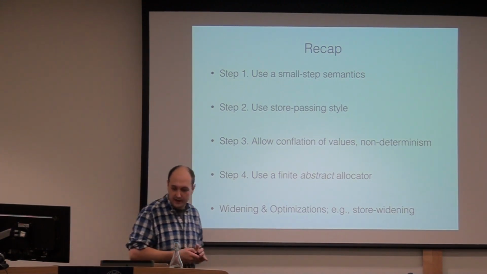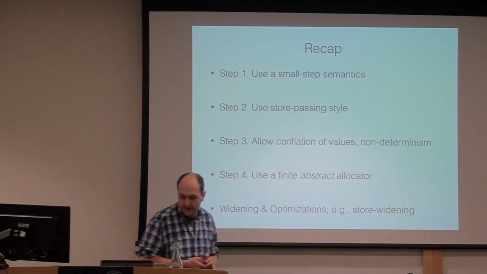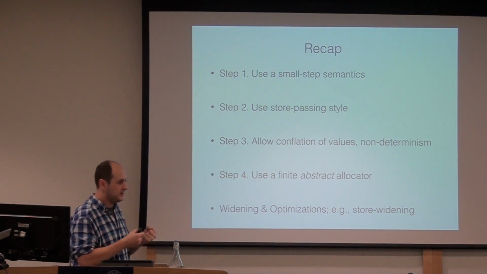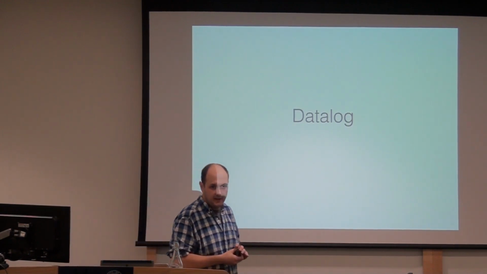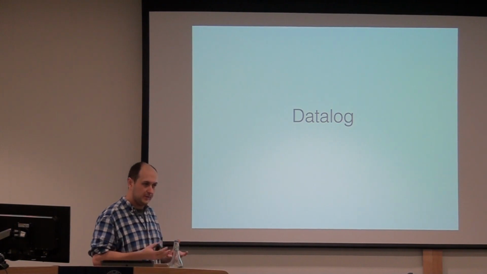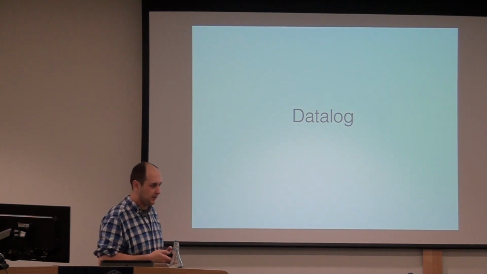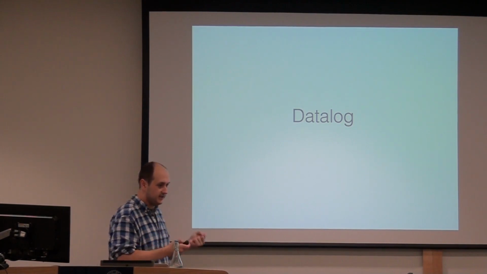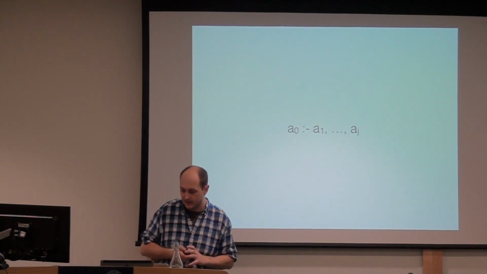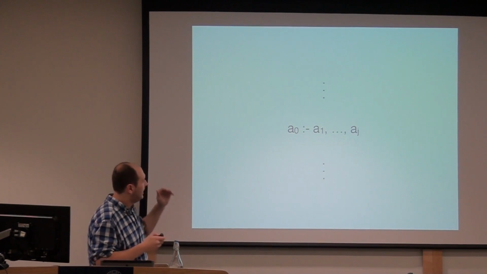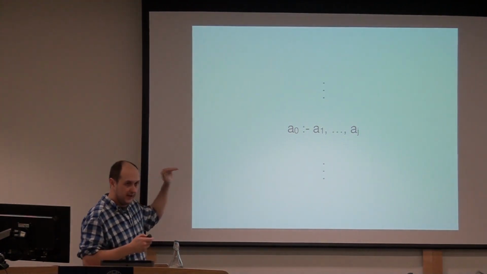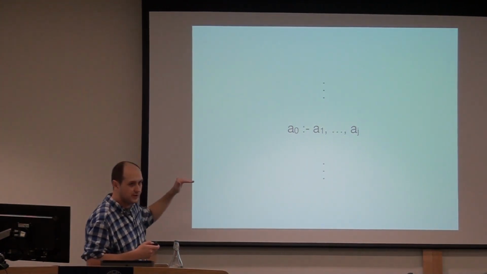So now we can talk about Datalog a little bit. And this is the language that we want to encode these kinds of analyses into. So Datalog is a logic programming language, a non-Turing complete logic programming language, which allows us to encode Horn-SAT problems in the context of a deductive database. So what does this look like? Well, we have a number of relations, and we have a number of rules for our relations.